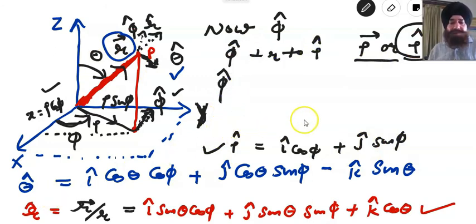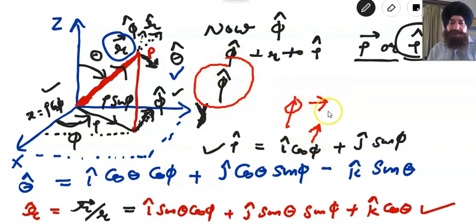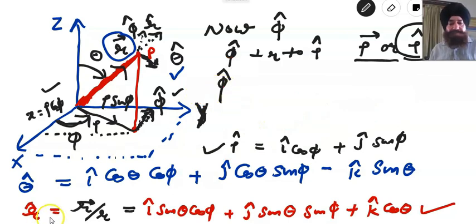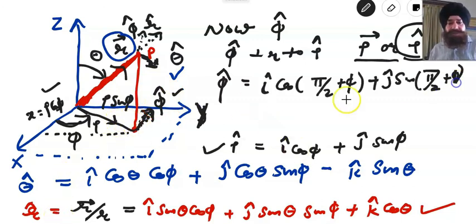Now lastly, how will we get phi cap? Very simple. Change this phi to 90 plus phi. Then instead of rho cap, we'll get phi cap. Why? Because phi cap is at 90 degrees to rho cap. So changing these two angles: what is cos 90 plus phi?